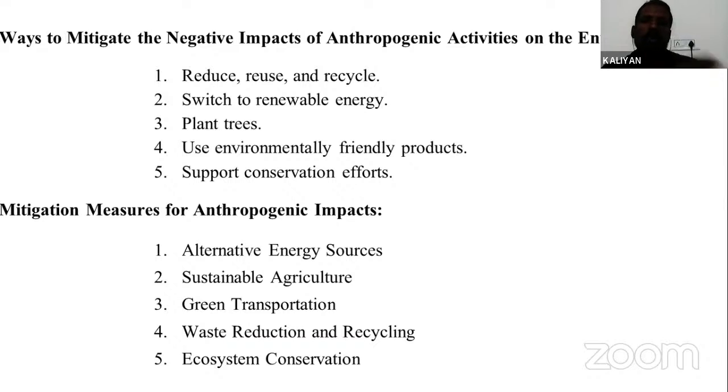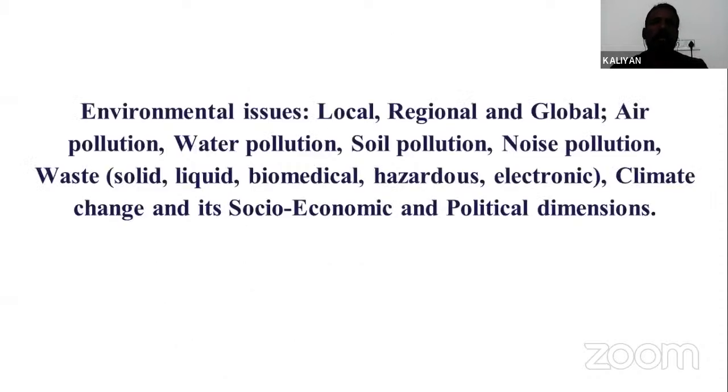We use alternative energy sources and sustainable agriculture, like organic farming, and green transportation, using vehicles that create very little pollution, and waste reduction and recycling, and ecosystem conservation. These are the mitigation measures for the anthropogenic impact.